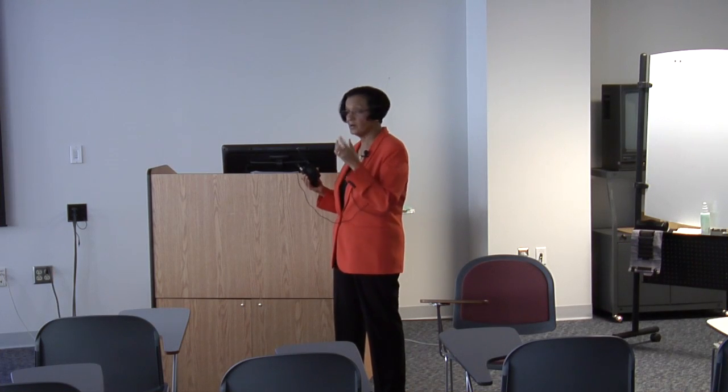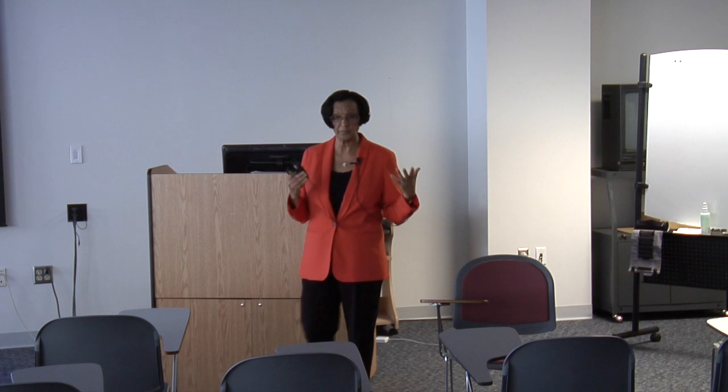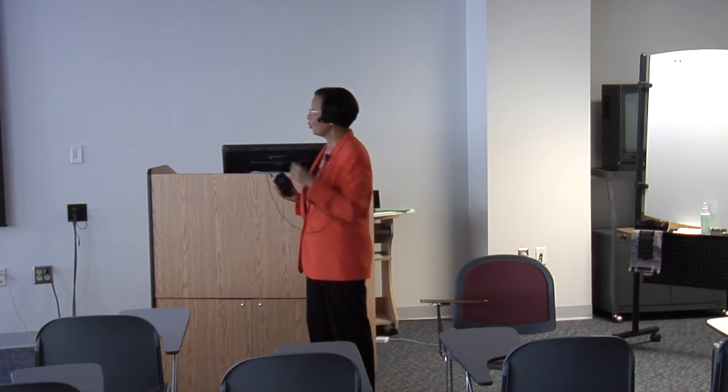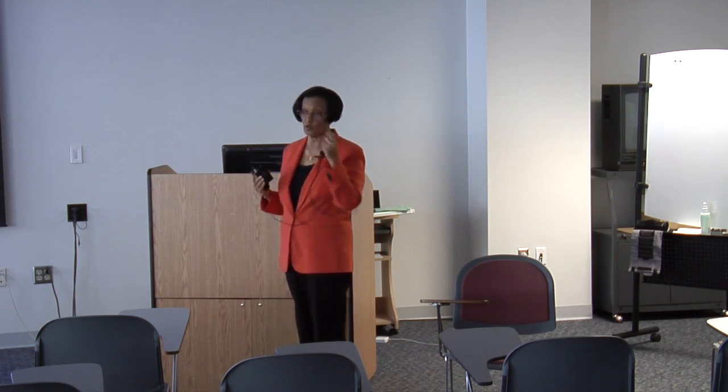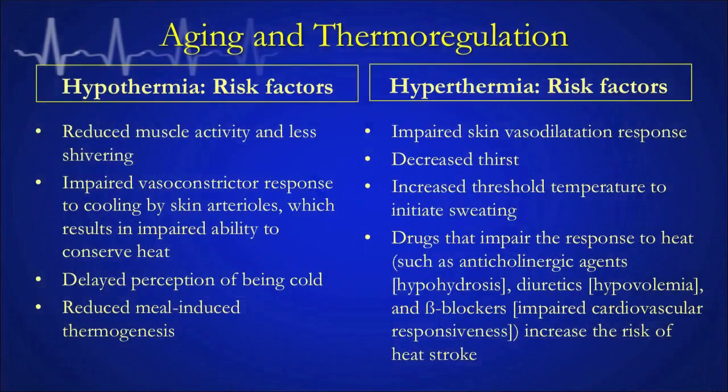Just a couple of words about aging and thermoregulation. We know that temperature regulation also gets affected as we get older. So older individuals are more prone to have hypothermia and heat stroke. I'm sure that you come across these patients in the emergency room setting. So two things to remember about hypothermia and what happens with aging.